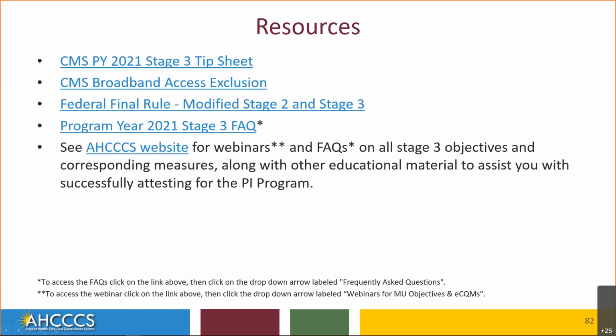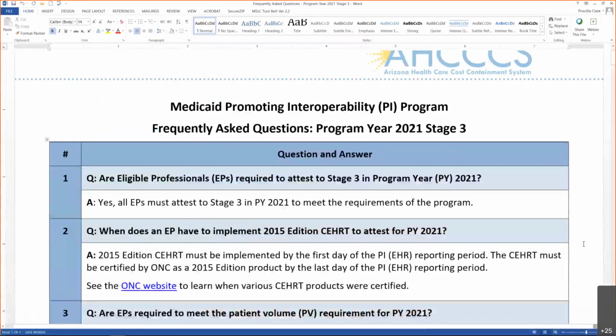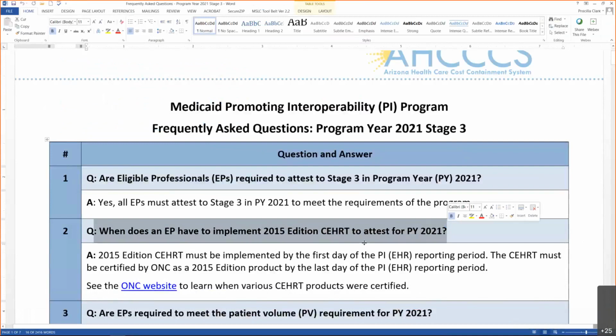I do want to show you the Stage 3 FAQ that was created with this webinar that you can access. And basically there is 7 pages in this document, and it just walks through different questions that you may have and then the answers to those questions. So for example, question 2 is, when does an EP have to implement 2015 Edition Cert to attest for program year 2021?